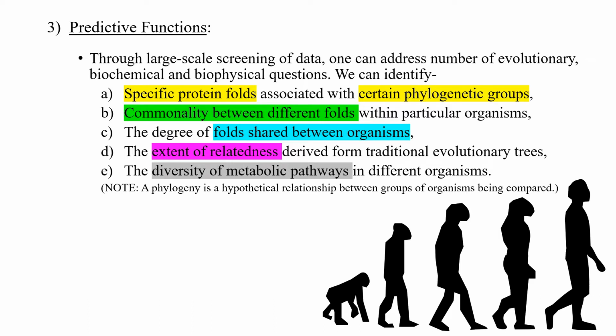We can identify specific protein folds associated with certain phylogenetic groups, commonality between different folds within a particular organism, the degree of folds shared between organisms, the extent of relatedness derived from traditional evolutionary trees, and we can also identify the diversity of metabolic pathways in different organisms. A phylogeny is a hypothetical relationship between the groups of organisms being compared.